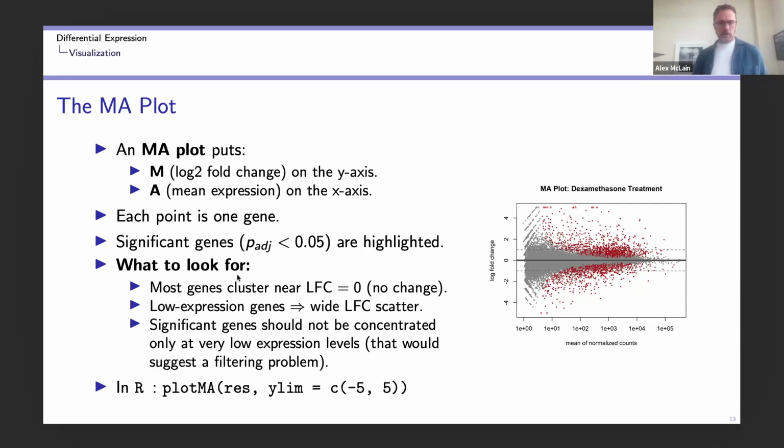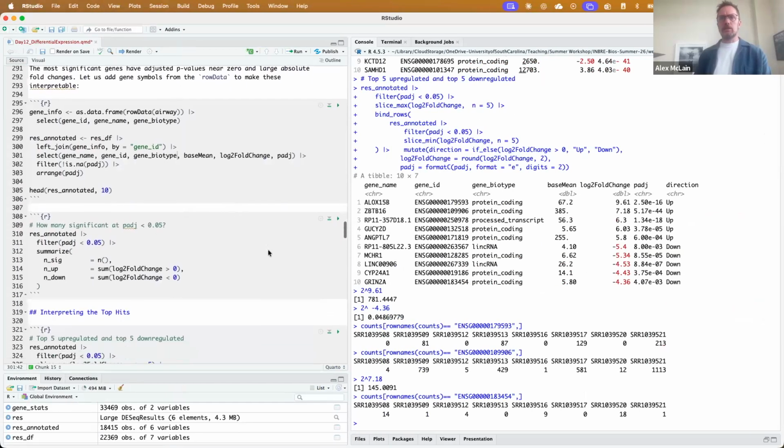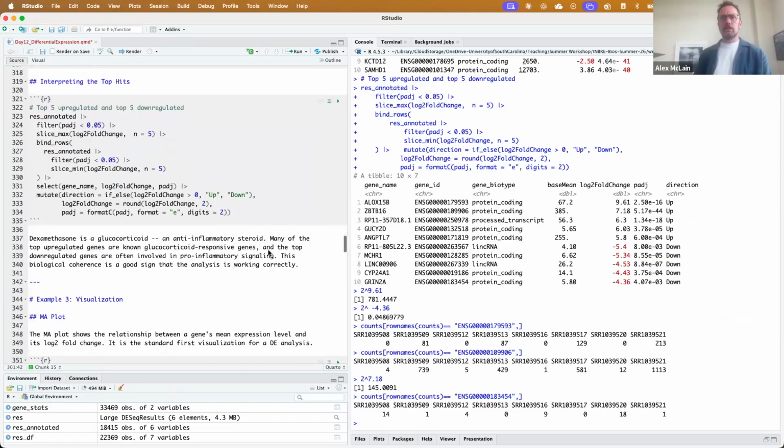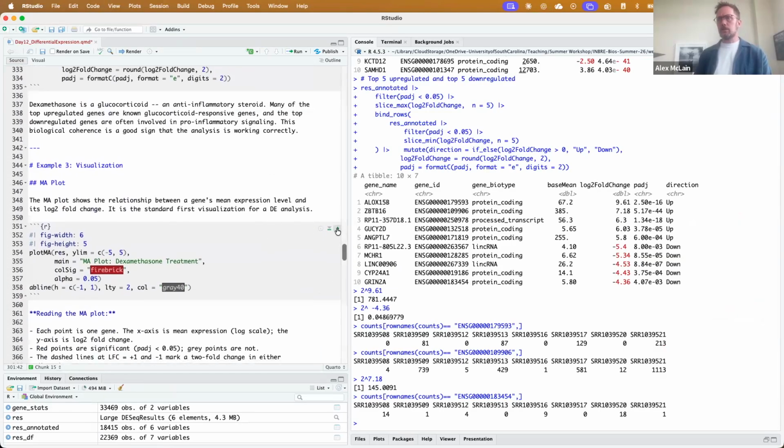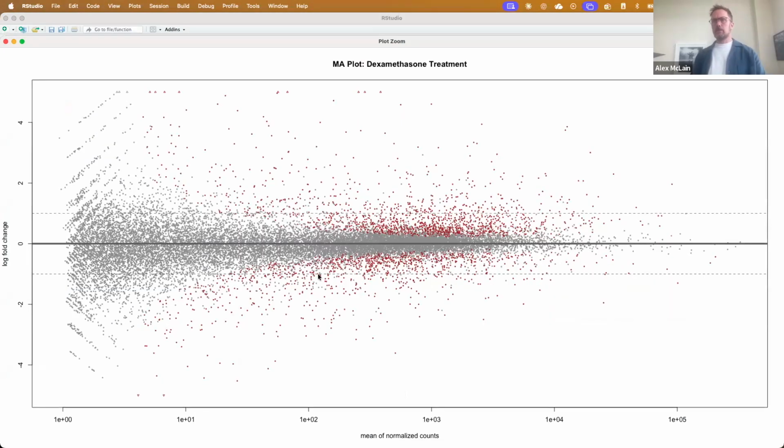So what do we look for here? Most genes are around this midline where we have the log2 fold change close to 0. I'm going to plot this here so we can look at this figure in a little more detail.